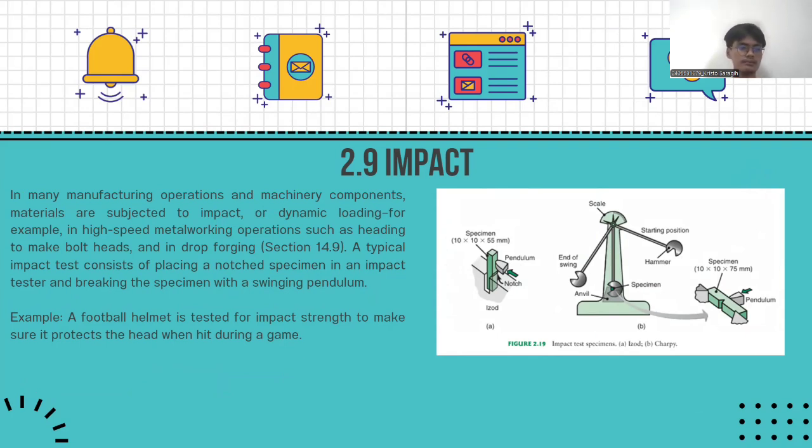A typical impact test consists of placing a notched specimen in an impact tester and breaking the specimen with a swinging pendulum. For example, a football helmet is tested for impact strength to make sure it protects the head when hit during a game.